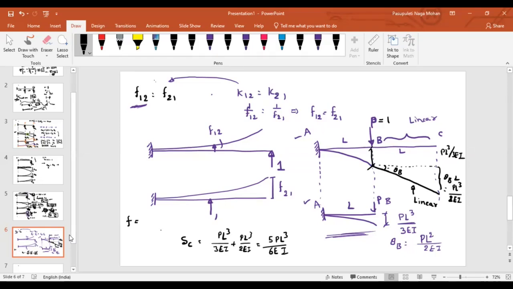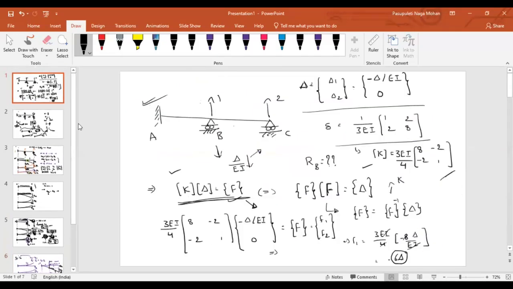I am applying a unit force at B, finding the deflection at C. What should I represent the flexibility as? Where am I applying the force, and where am I finding the displacement? Force at B, displacement at C. If P is equal to 1, how is this going to simplify? 5L cube by 6EI.